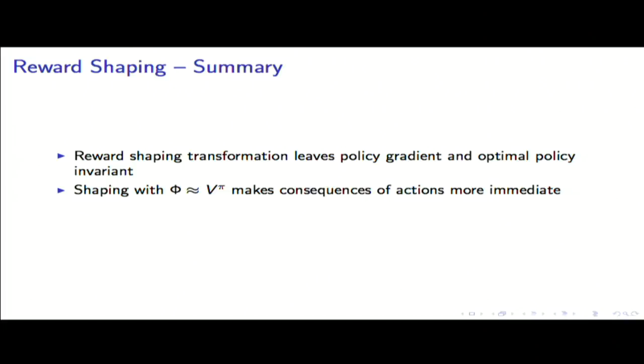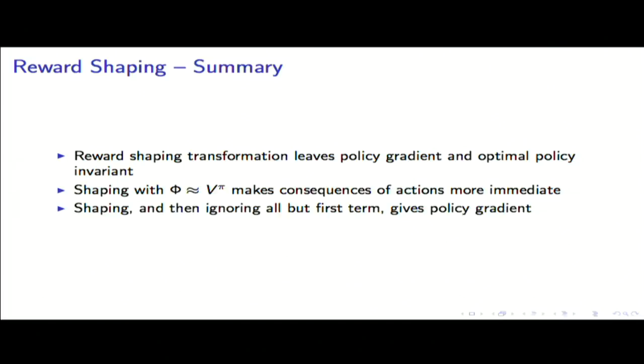Going back to the random walk example, if we shape using our value function, which was this linear function, then it gives you a reward for going to the right, the correct direction, and a penalty for going to the left, the wrong direction. So the shaping is giving you more immediate feedback on whether you're doing the right thing or the wrong thing. It's bringing your rewards closer. And oddly enough, if you do shaping with the state value function, and that's the important caveat, and ignore all but the first term, it gives you the correct policy gradient.